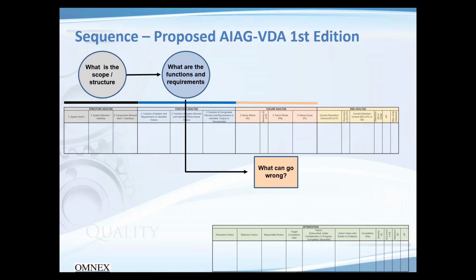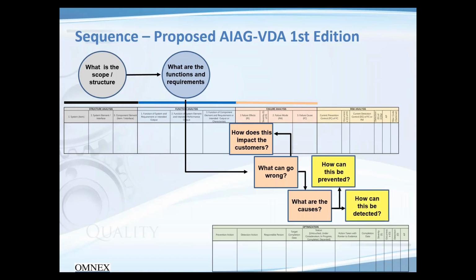But that's a change from what we've been working with before with the 4th edition. So we're looking at what can go wrong, what the causes are, and how this impacts the customer. This connects the linkage between failure of my component, failure of the subsystem, and how that affects the customer, which would be the system level effect.